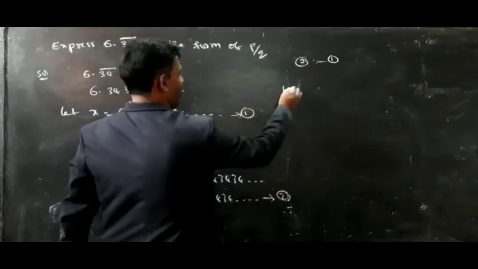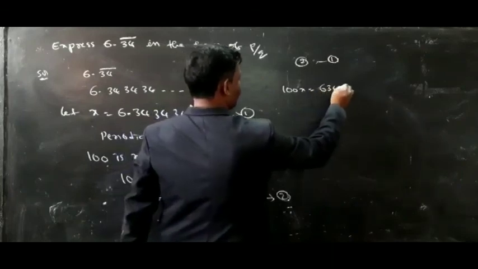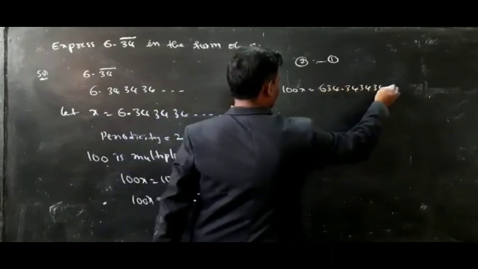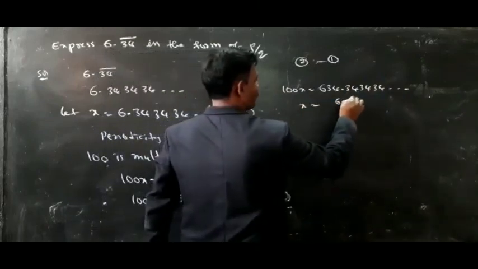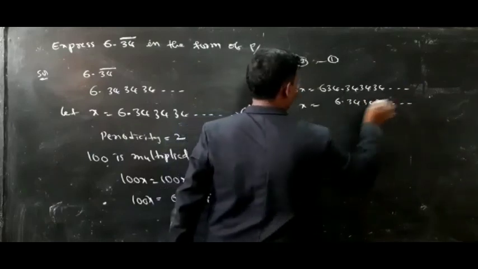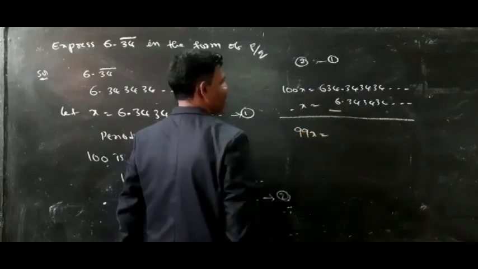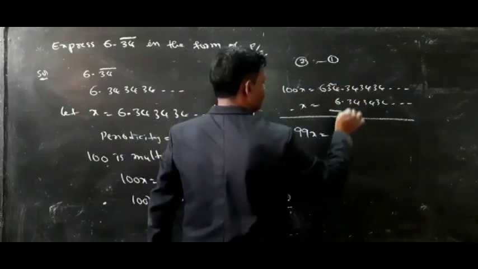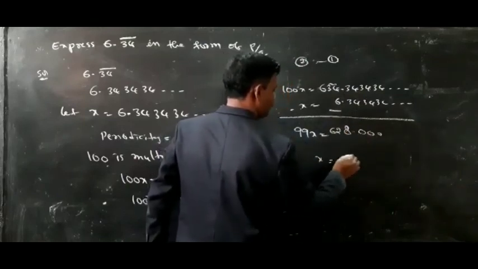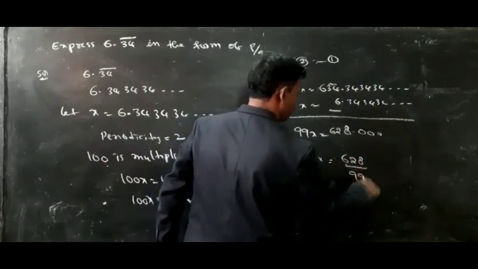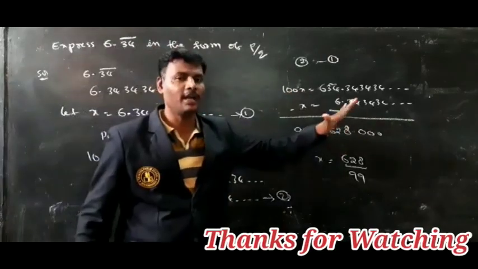What is the second equation? 100x is equal to 634.343434 and so on. Then the first equation, x is equal to 6.343434 and so on. Subtracting, 100x minus 1x, 99x is equal to 634 minus 6, 628. Then x is equal to 628 by 99. So the p by q form of 6.34 bar is 628 by 99.